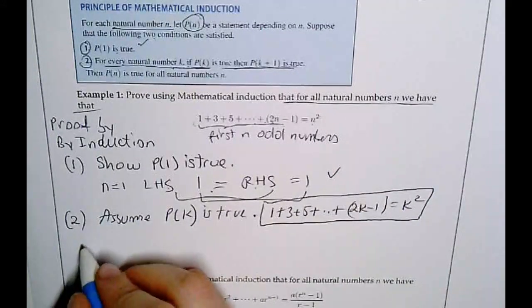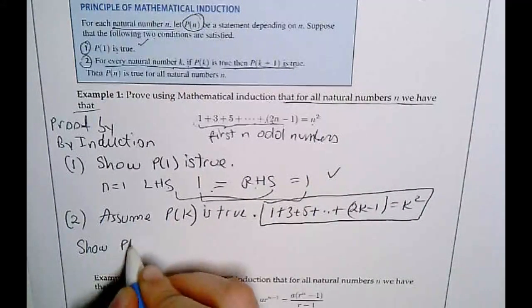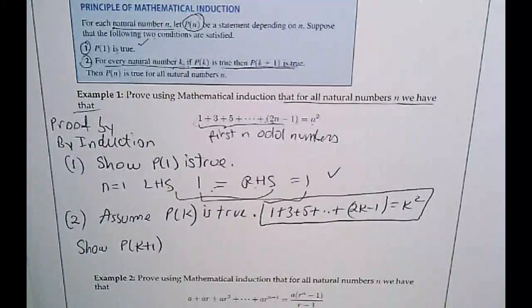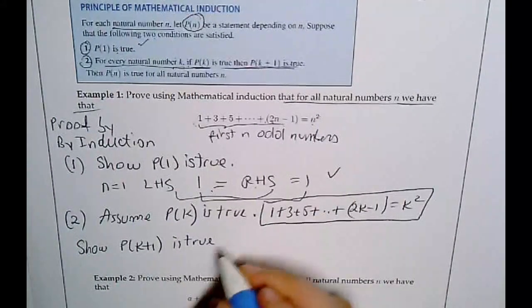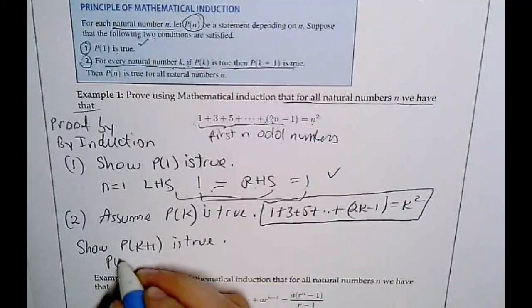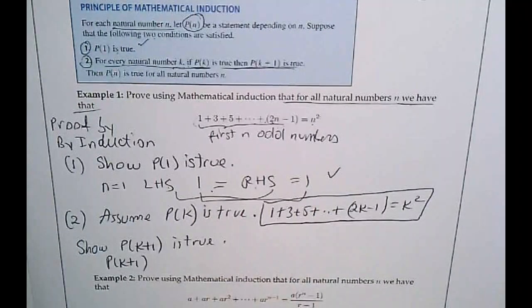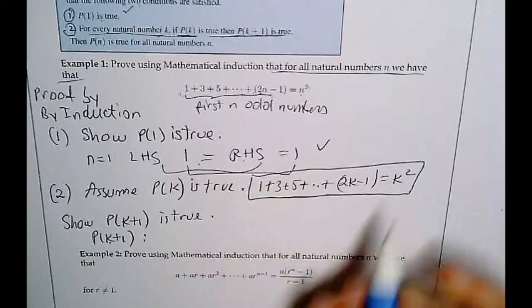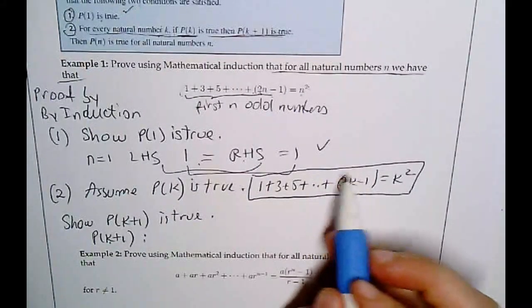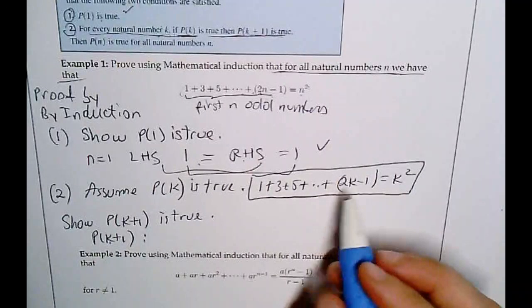But now the goal is to show that P of k plus 1 is true. So how am I going to do this? Well, I'm going to calculate P of k plus 1, the statement at n equals k plus 1, and somehow I have to use that this is true.